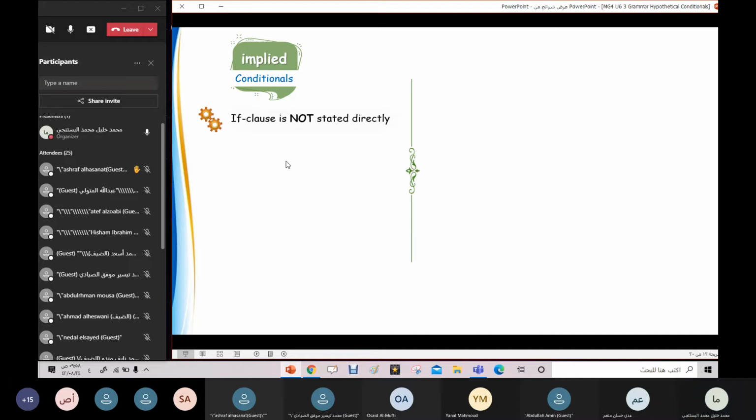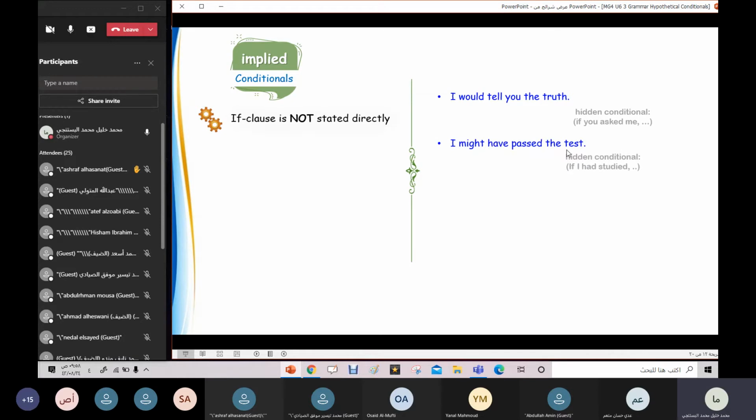Look at the examples. I would tell you the truth. Here we have a hidden conditional: if you ask me, I would tell you the truth. No need to write the if clause, just giving the result clause. This is what we mean by implied condition.